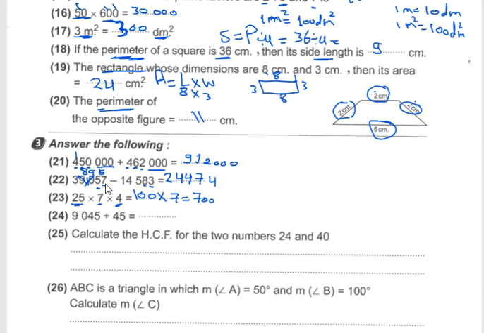We said before 2 times 5 equals 10. 4 times 25 equals 100. And 8 times 125 equals 1000.